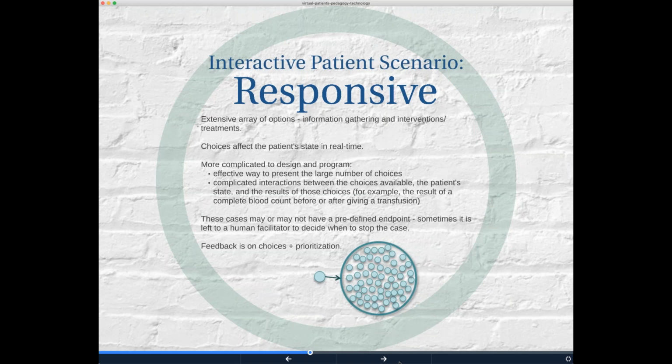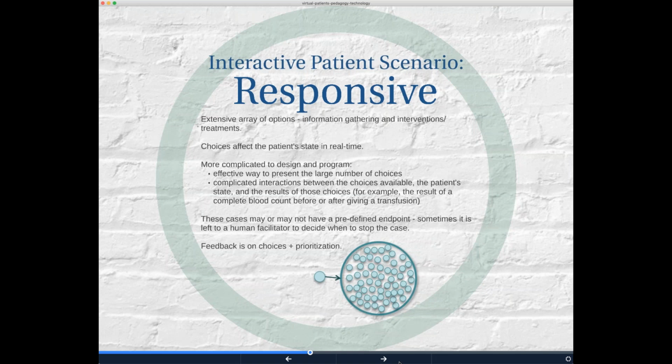And what these virtual patients allow you to do is kind of like the branching one. They allow learners to make decisions, and the decisions immediately impact the state of the patient. But the decisions and options, rather than being a finite list of 2, 3, 4, 5 options, they take a more open-ended approach, kind of like the exploratory scenarios.